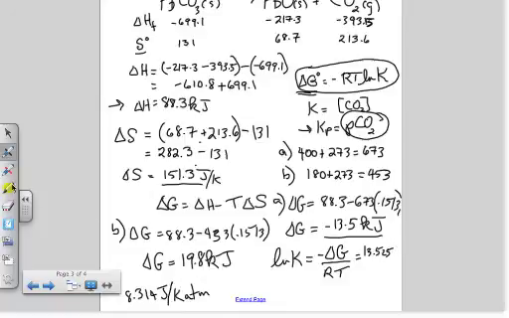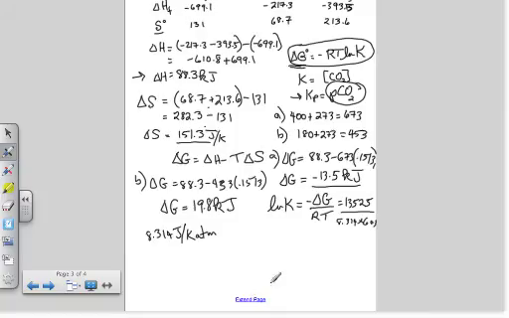So taking that 13.5 and multiplying times 1,000 and bringing in a couple of digits that we left off before. So delta G over 8.314 times the temperature in Kelvin, and that temperature in Kelvin is 673, okay, for A.